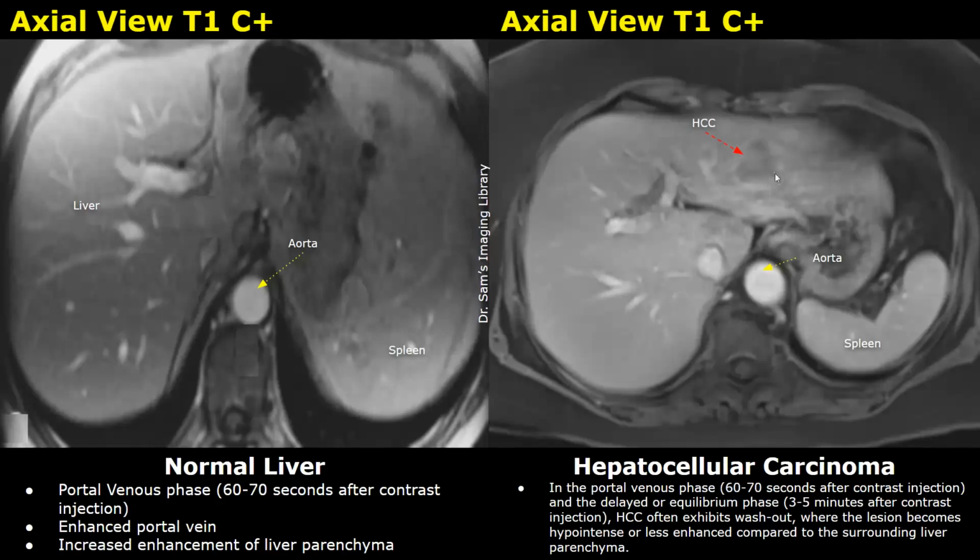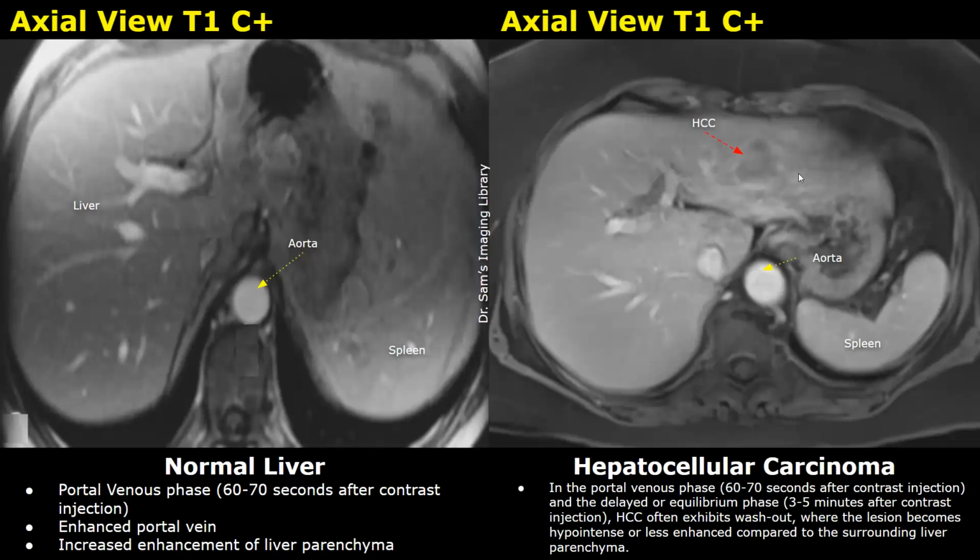The lesion will become hypointense. It will become darker than the surrounding liver parenchyma. This enhancement during arterial phase and washout during portal venous phase is usually seen in hepatocellular carcinoma.